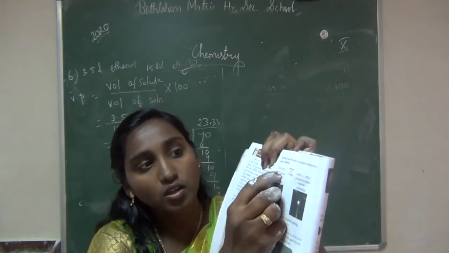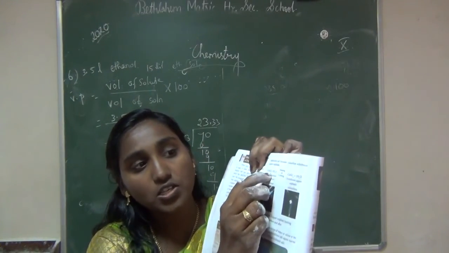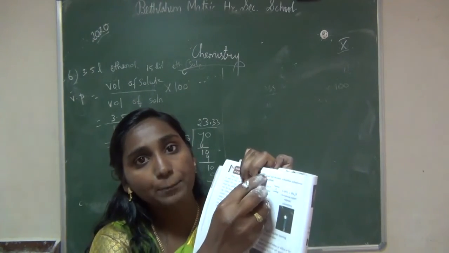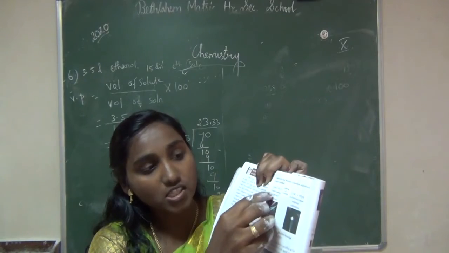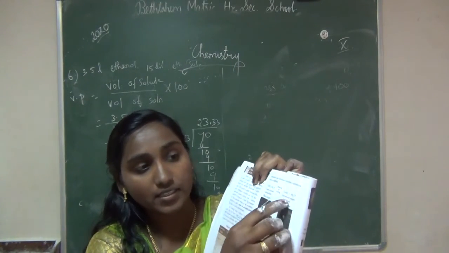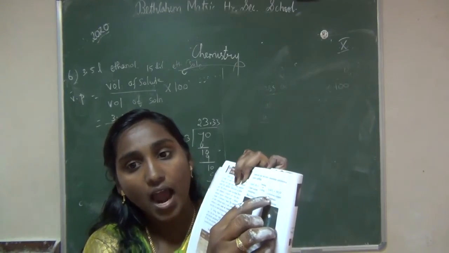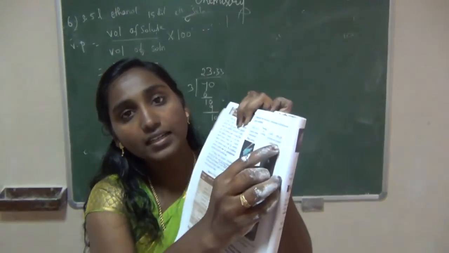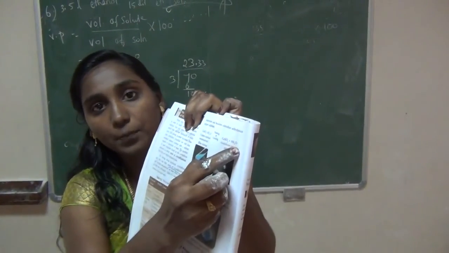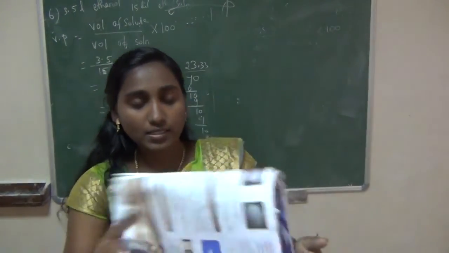Near the 5H2O you should mention A, capital A, copper sulfate pentahydrate. Then here B, anhydrous copper sulfate. This is A and this is B. This is the answer.